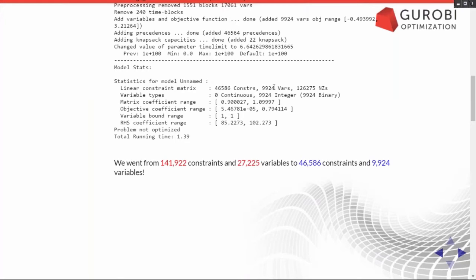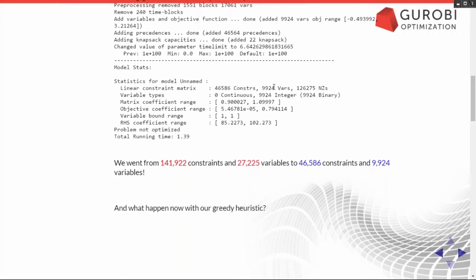And if you do that in the case of the TSP, for example, instead of having a number of variables that is the square of the number of cities, you usually end up having like 10 to 15 times the number of cities in variables. So that's a dramatic decrease in the size of the model you're solving. And that, of course, helps in the LP relaxation solving and in every node in the branch and bound tree.